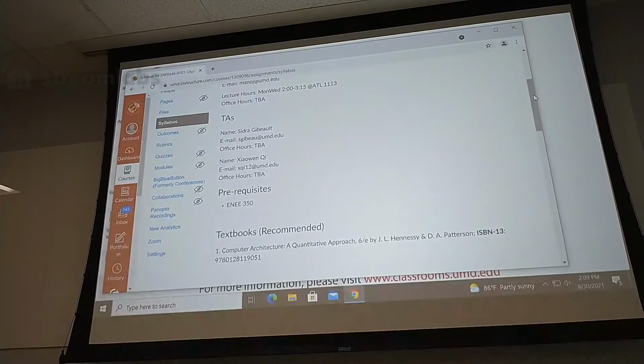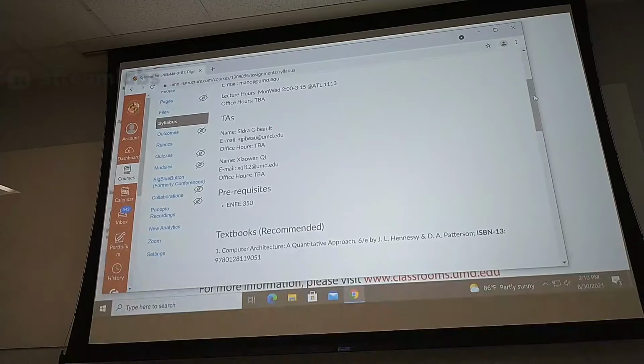In 446, we have to still implement it correctly, but the focus is primarily on high performance. But we will also talk about low power consumption, higher reliability, things like that.